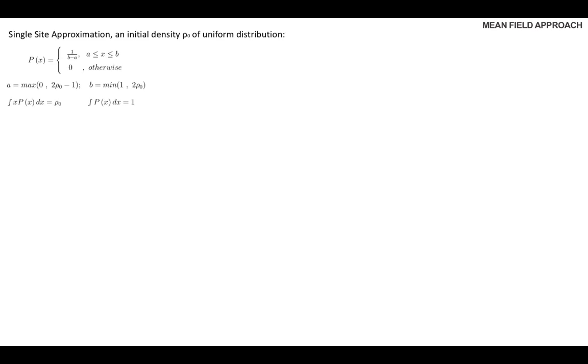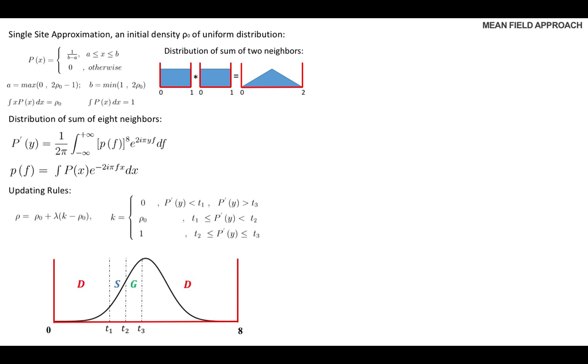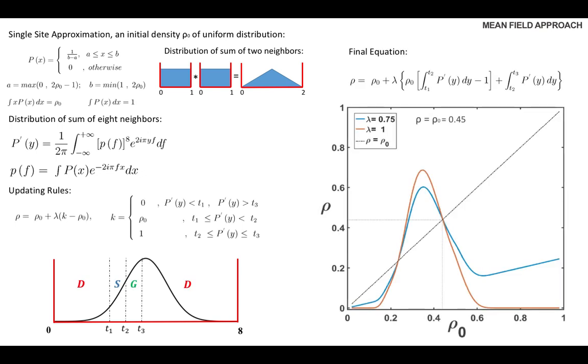Now comes the mean field approach. I will skip it a bit quickly. Basically here we make a one-shot mean field approach, meaning we take just the uniform distribution, then calculate the neighborhood probability, the sum probability, by taking this uniform distribution and convolving it with itself 8 times.